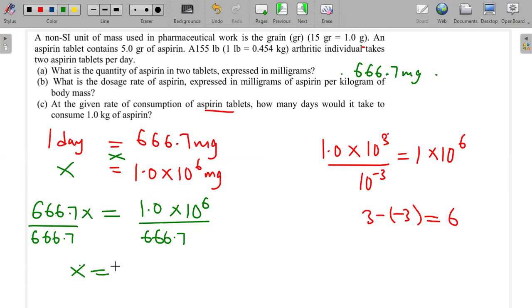According to my calculator, I get 1.5 times 10 to the power 3, and this will be the number of days. So for this person to consume 1 kg of aspirin, it will take 1.5 times 10 to the power 3 days.